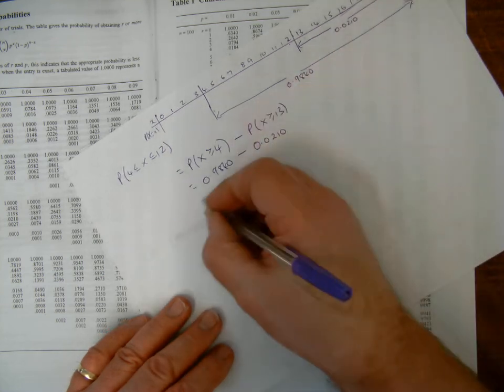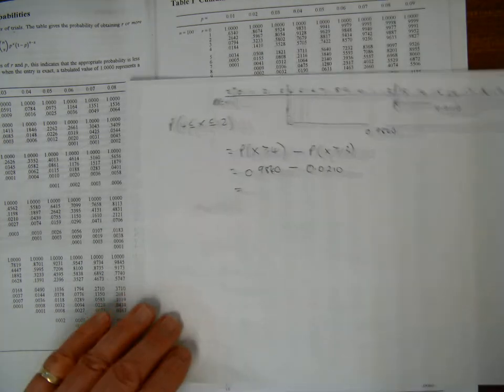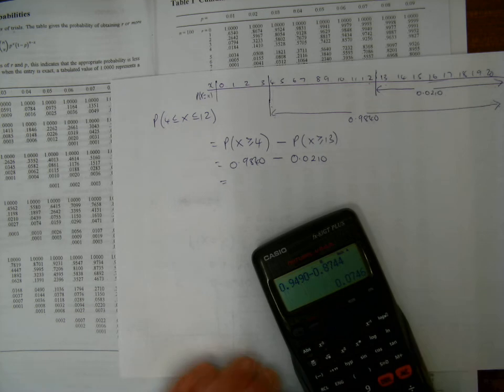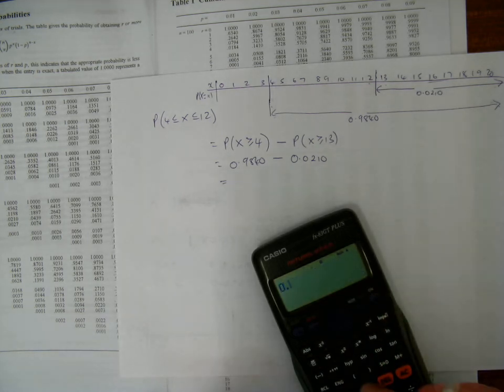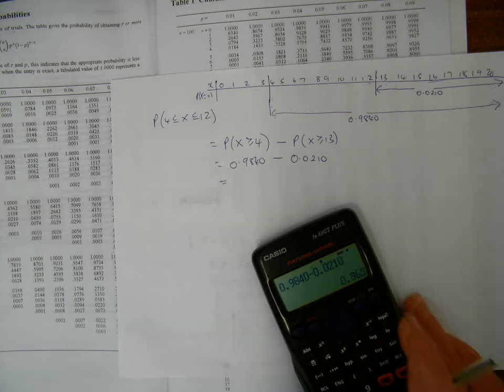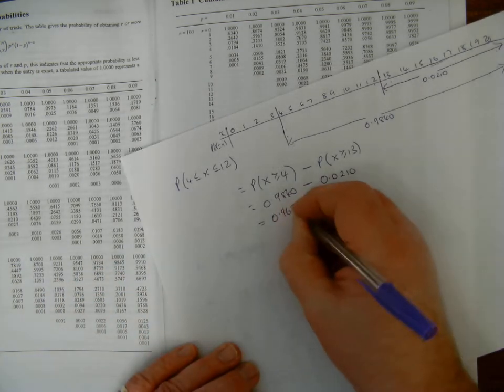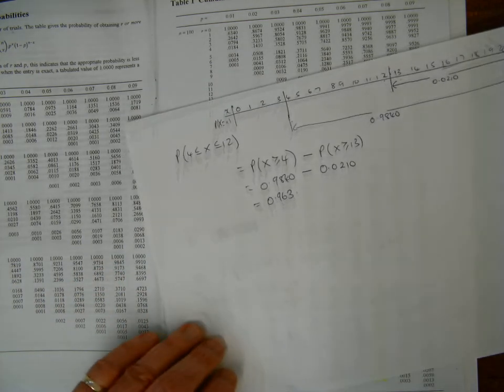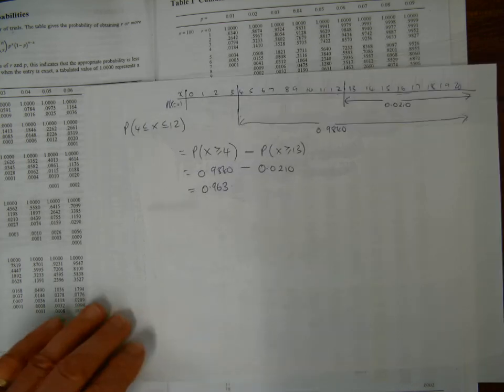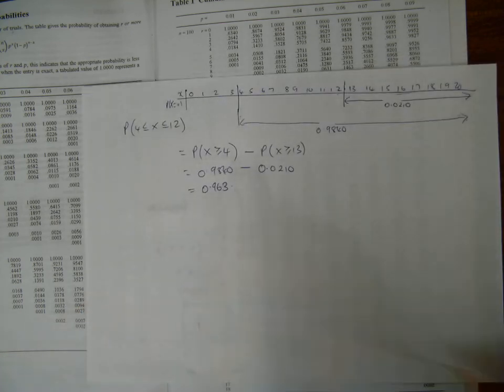When I subtract them, I'll be left with what I want from 4 to 12. That gives me 0.963, and that is the 3 decimal places, so that's the probability between 4 and 12.